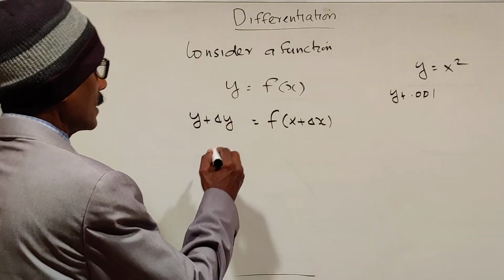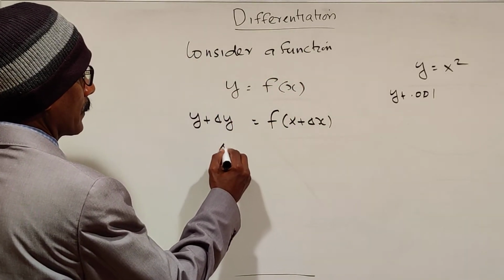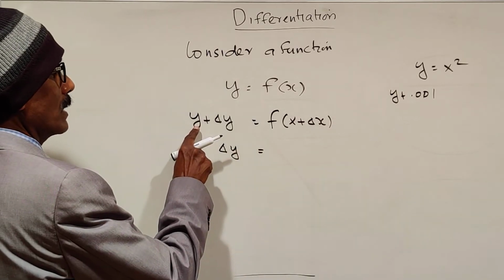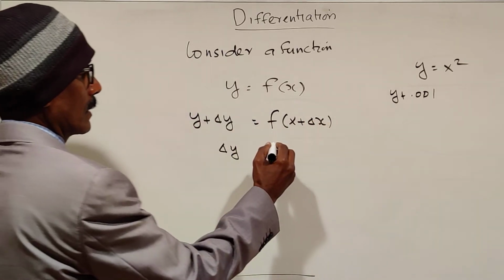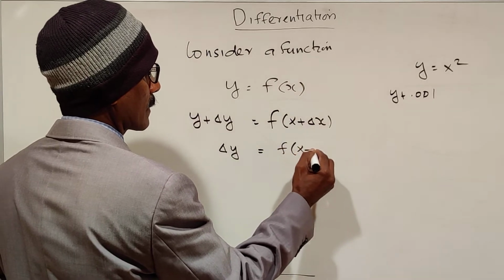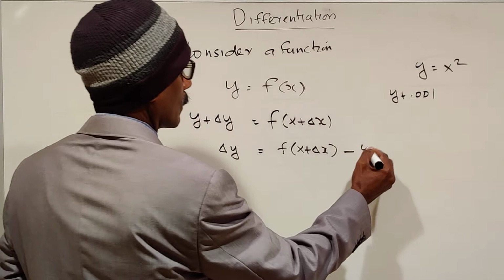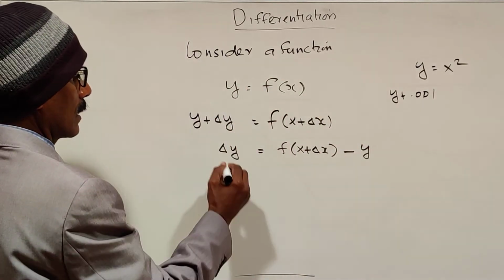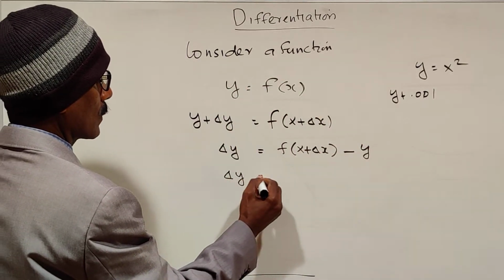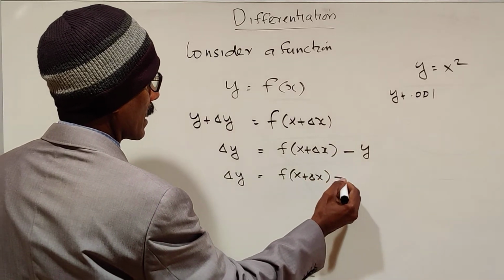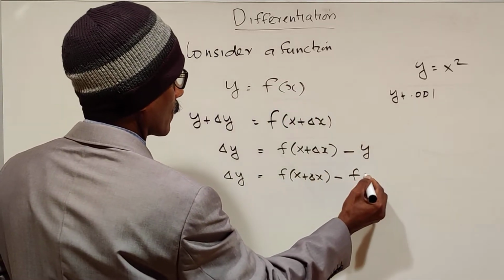Next, delta y. Delta y equals this y, go to the other side, right hand side, f of x plus delta x minus y. Y is f(x). Delta y equals f of x plus delta x minus y, and minus y is minus of f(x).